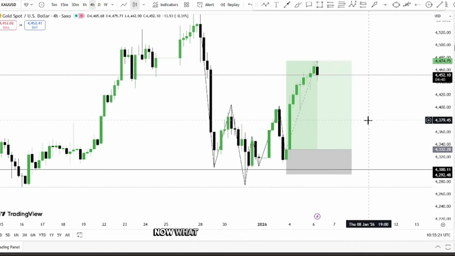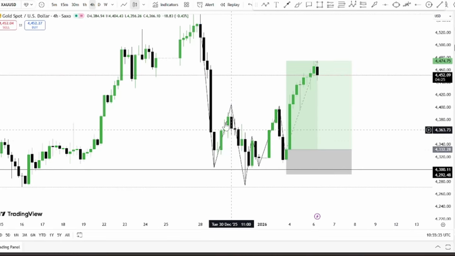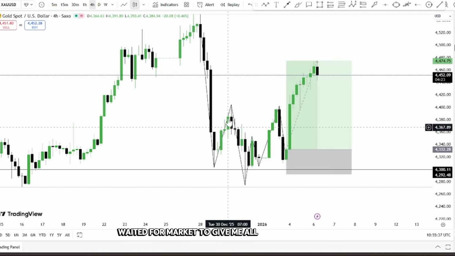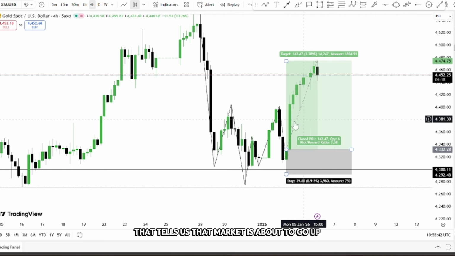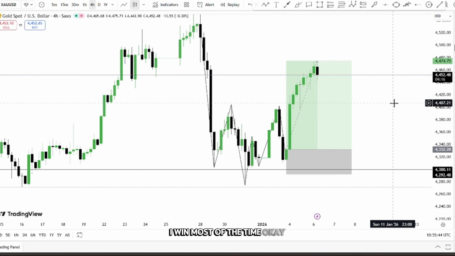Now, what are the pros of trading this kind of entry confirmation? We have higher win rates, because I've waited for the market to give me all this confirmation. There's a break of structure that tells us the market is about to go up. I'll win most of the time. The second one is less emotional stress, unlike the anticipation entry.